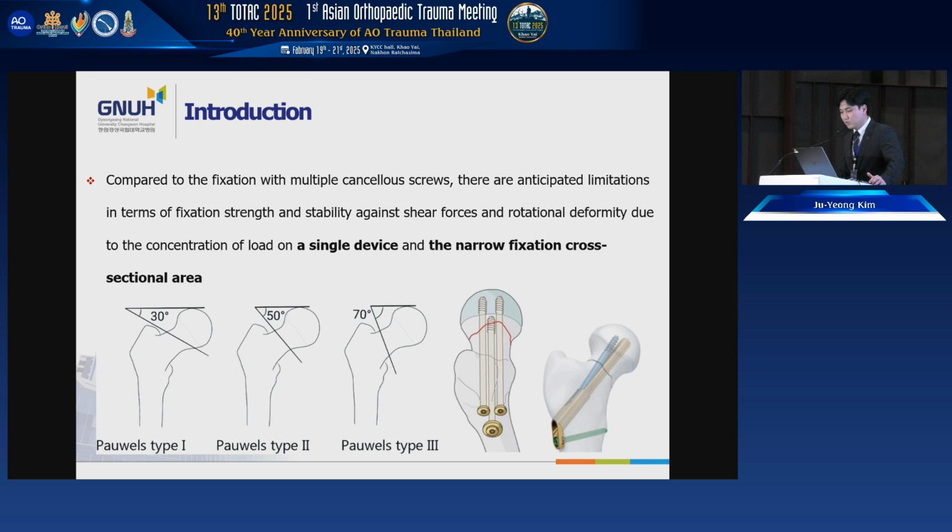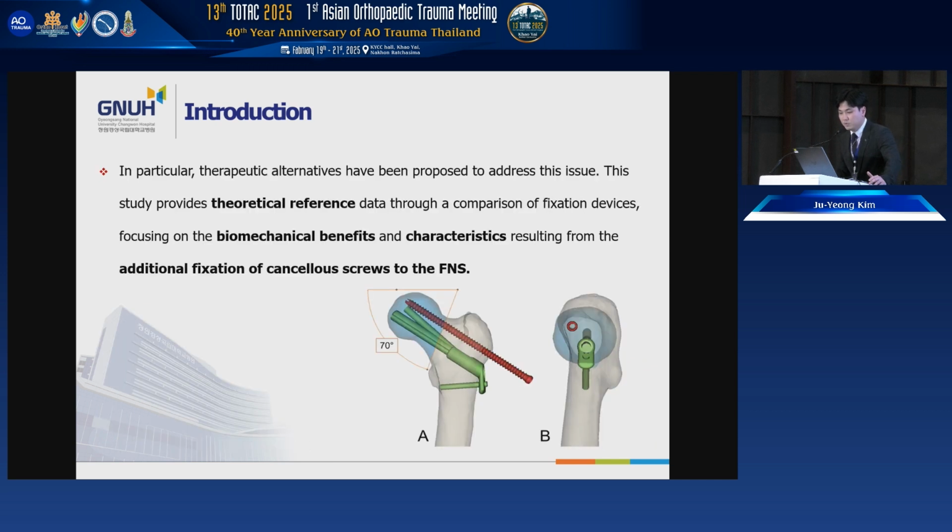Compared to the multiple cancellous screws, there are anticipated limitations in terms of fixation strength and stability against shearing force and rotational deformity due to the concentration of load on a single device and a narrow fixation cross-section area. This study provides theoretical reference data through a comparison of fixation devices, focusing on the biomechanical benefits and characteristics resulting from the additional fixation of a cancellous screw to the FNS.